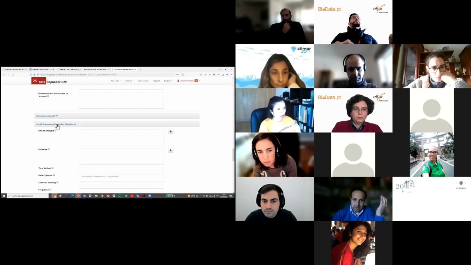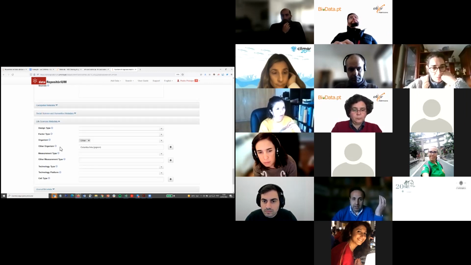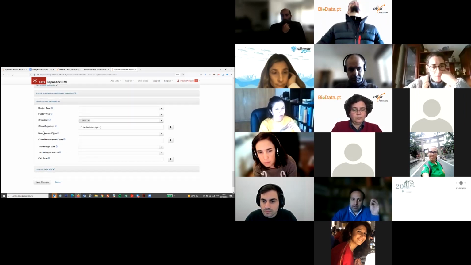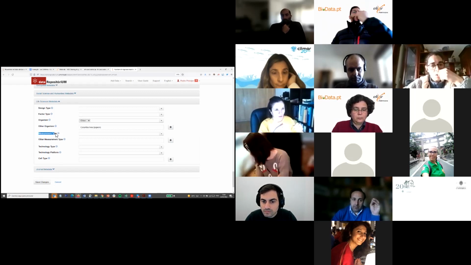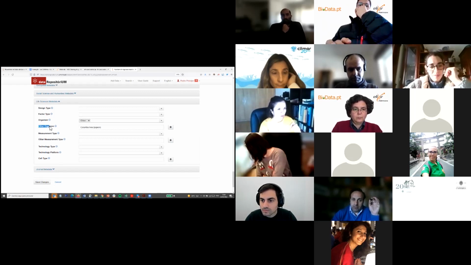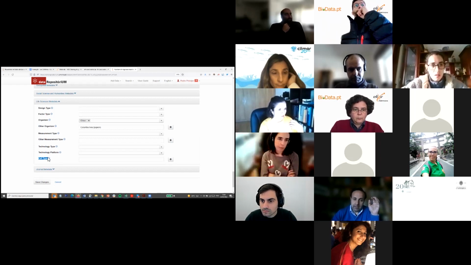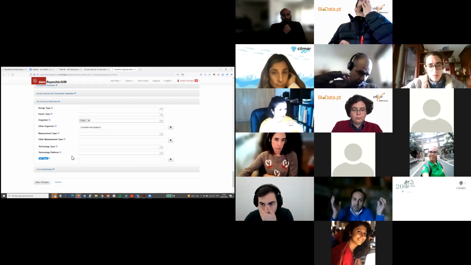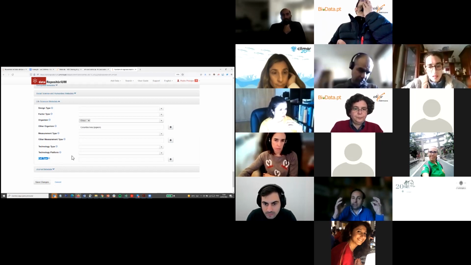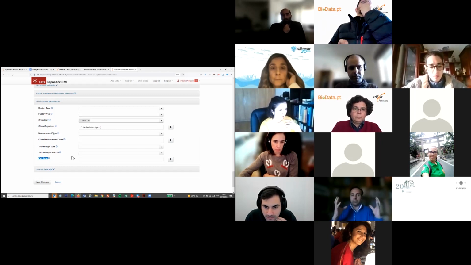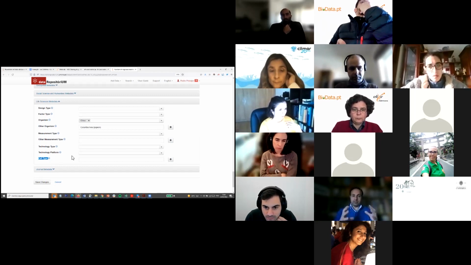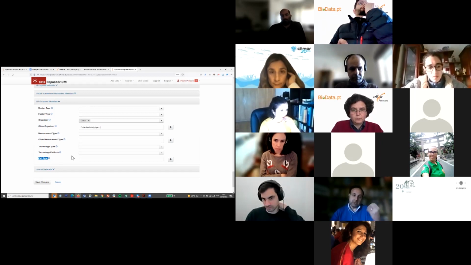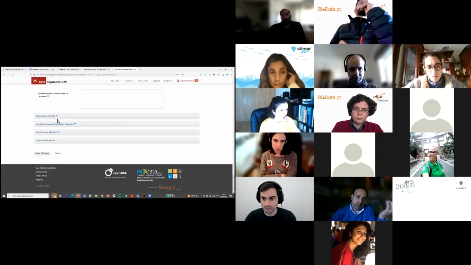For example, let's open the life sciences section. It's not a lot, but you can add information about organism, factor type or cell type. This is not from a generic standard. The generic standard is just the representation of the digital object. Then you can have specific metadata to represent the digital object with some information from that specific discipline.